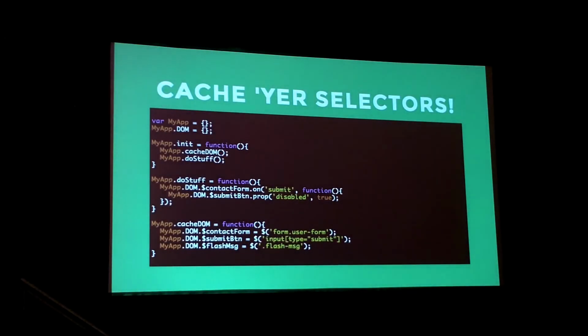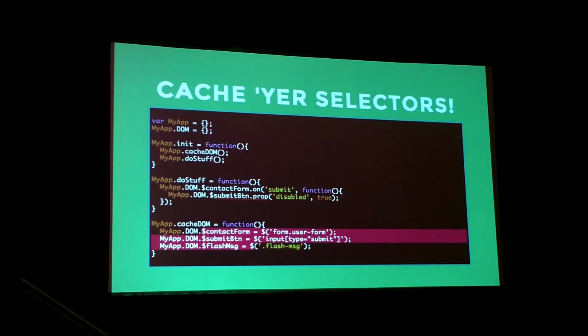The first one of these would be caching your selectors. This is something that's often overlooked, I find. But doing something simple, like here we've got this cacheDOM function just living inside of our little app. Basically we've got this little DOM store, just a regular object, nothing crazy. But we're assigning a bunch of variables to live inside of it, and that's just the selector.